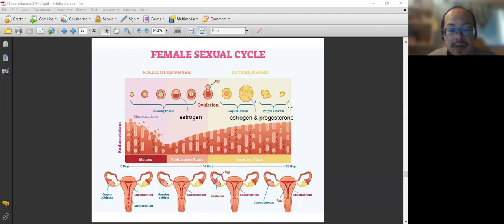If you examine the endometrium, you will find that it grows, preparing for the ovulation. If there is no pregnancy, the corpus luteum will die. While the corpus luteum dies away, there is not enough hormone to sustain the endometrium, and it will get shed, and then you have the menstruation. So that's that.